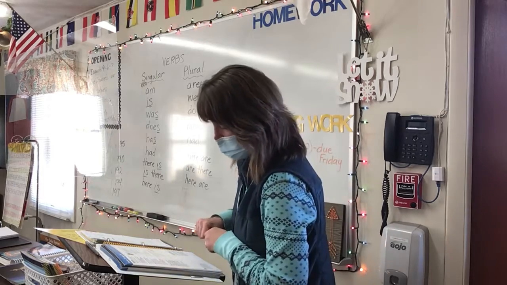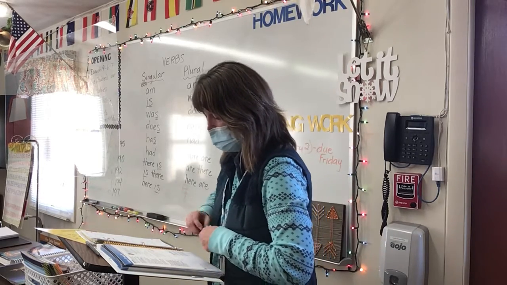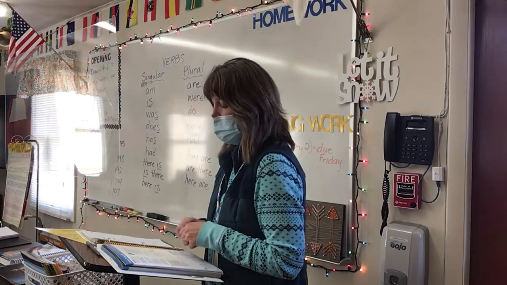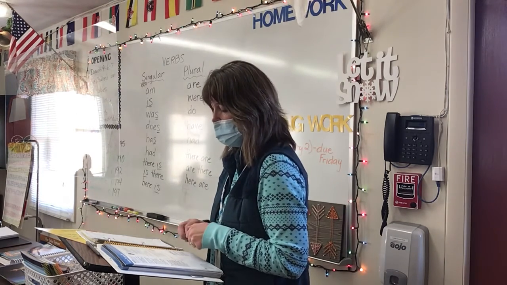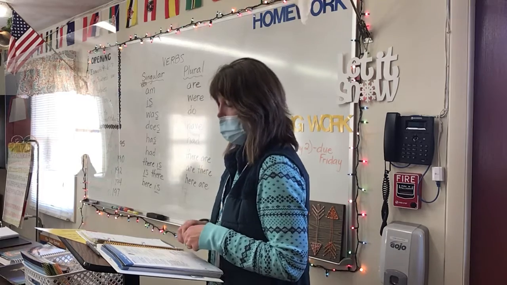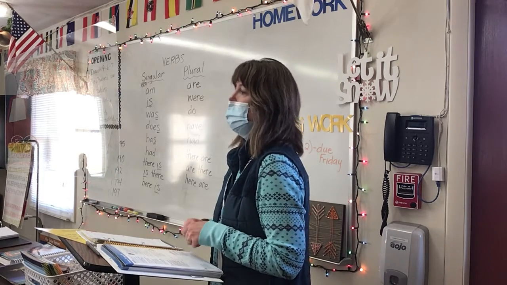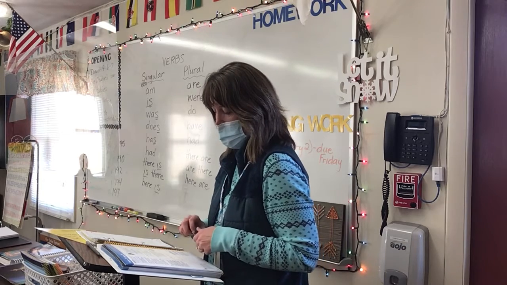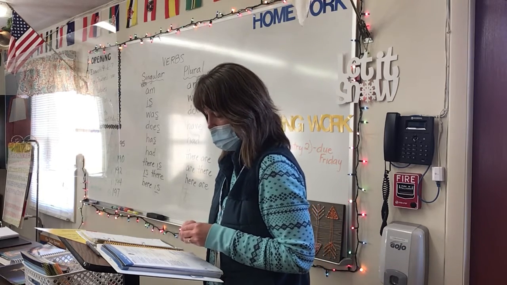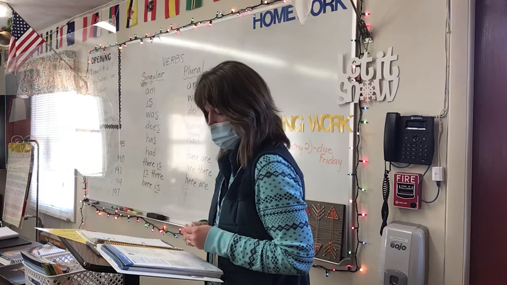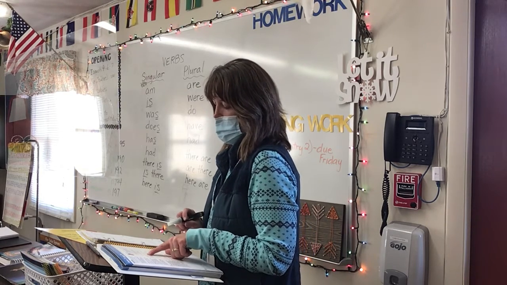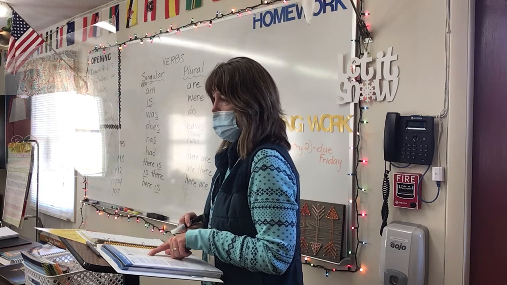Okay, so let's practice. Underline the subject. Complete each sentence by writing is, isn't, are, or aren't. Number 1, let me have Nicholas. Isn't the weather wonderful today? First let's underline the subject. What's the subject? Isn't?